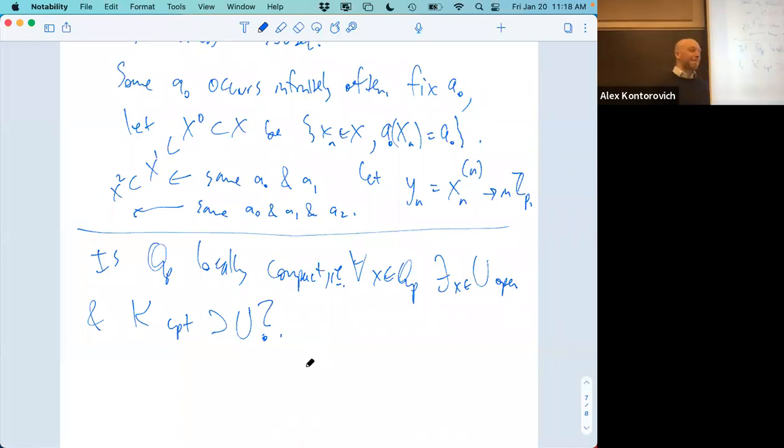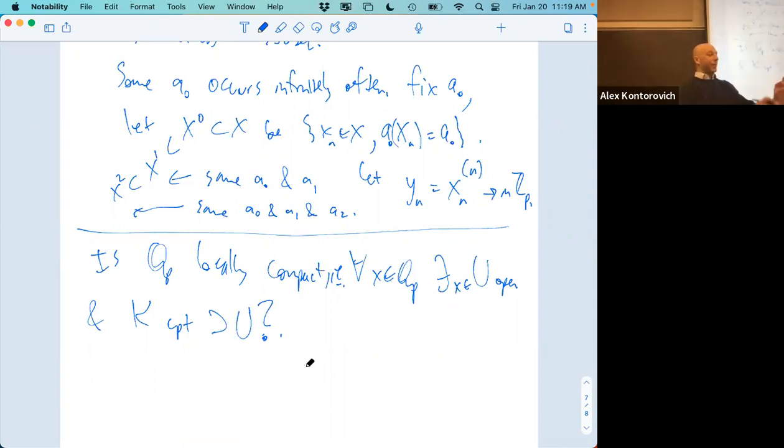In Rn, closed and bounded is equivalent to compact. If you take an open set and then close it, that's a compact set. So is Rn locally compact? Yes, Rn is locally compact.